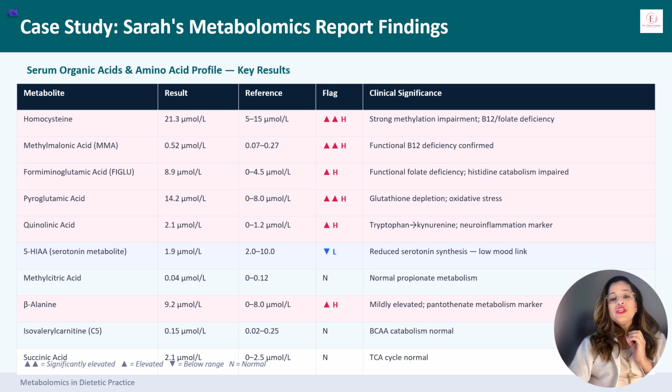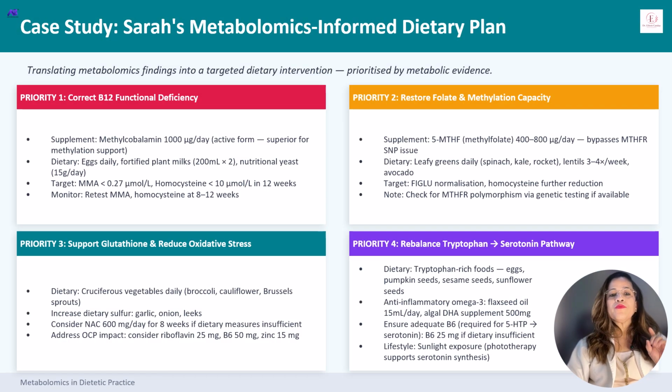Also the metabolomics, they change the clinical picture from fine to a definite deficiency. Okay, so you know that now, after you have read Sarah's report, you know that she actually needs a B12 intervention. Okay, then when you look at her serum report alone.